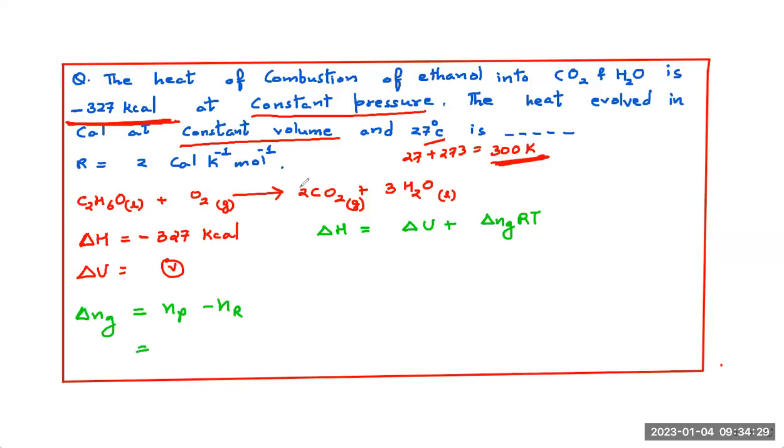Product gas is only carbon dioxide, which is 2, and reactant gas is O2, but I have to still find how many O2 I need. So 2 CO2 gives 4 oxygen here, 4 plus 3 in water, 7. 1 oxygen I'm getting from here, so I want only 6 more. So 3 O2 gives me 6 oxygen. So it's 2 minus 3, that is minus 1. So delta Ng value that I get is minus 1.